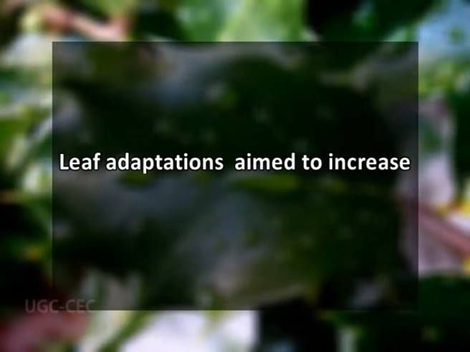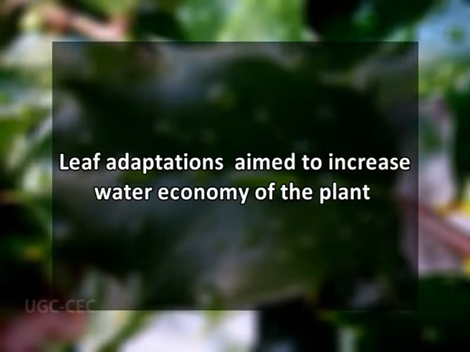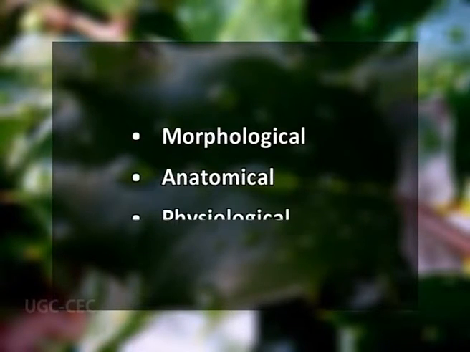In water scarce conditions or xeric habitats, plants have developed a wide range of adaptations which are aimed to increase the water economy of the plant. These adaptations involve morphological, anatomical and physiological aspects of a plant.